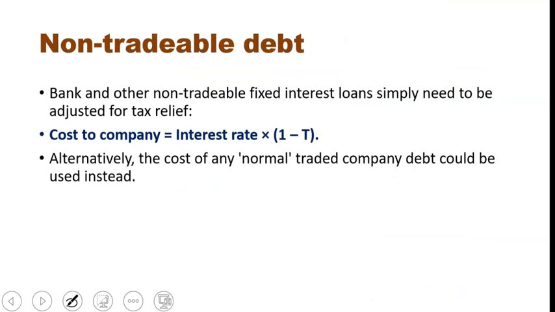Now, you might also be given non-tradable debt as part of your cost of capital. You have to be able to determine the cost of the debt to the company. So if you are given a non-traded debt, then you just have to adjust the debt's interest rate by 1 minus the tax rate given here.